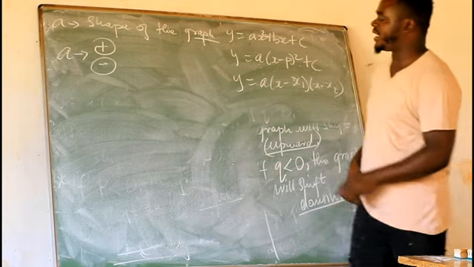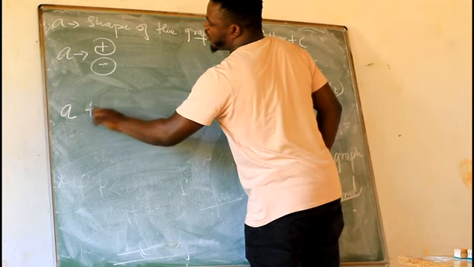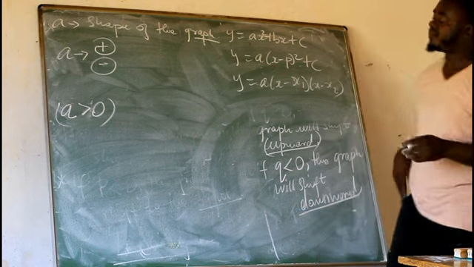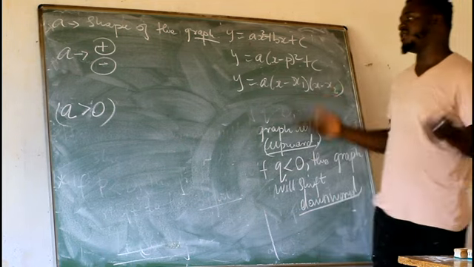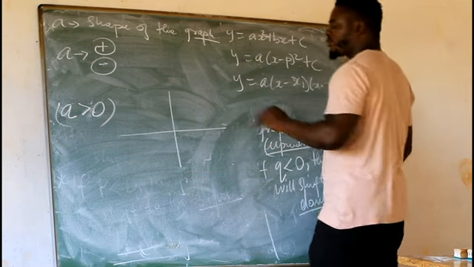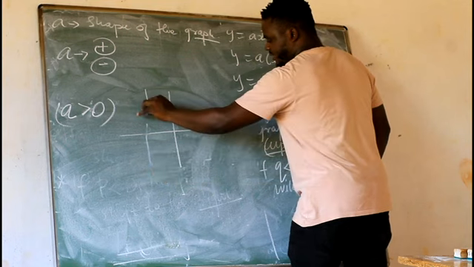What happens when a is positive, or when a is greater than 0? When a is greater than 0, the graph is going to be like this.